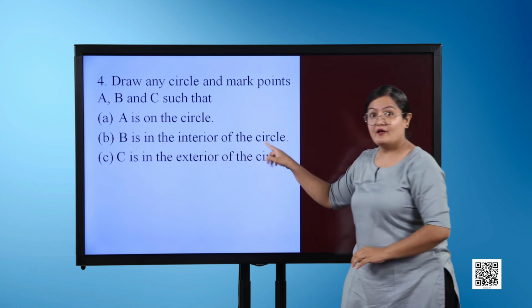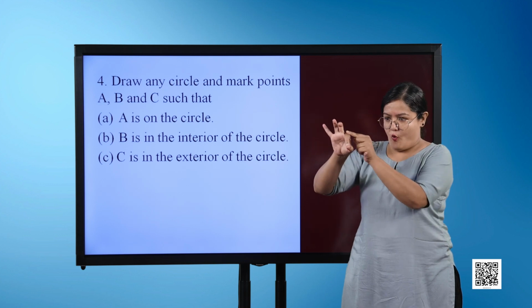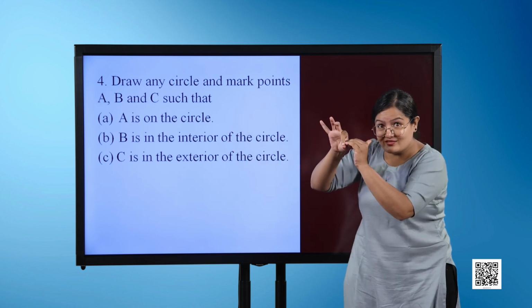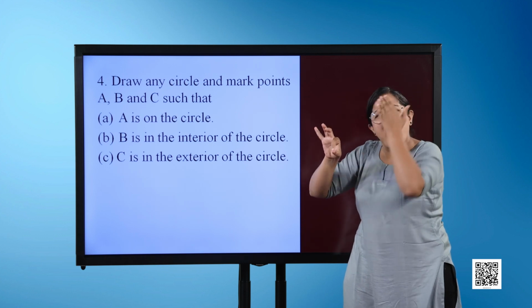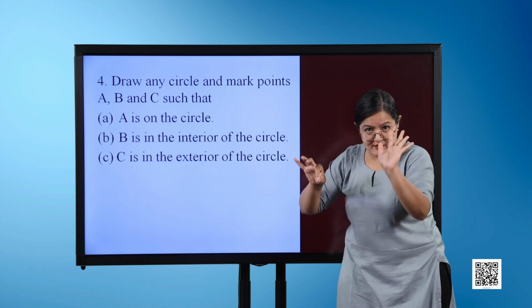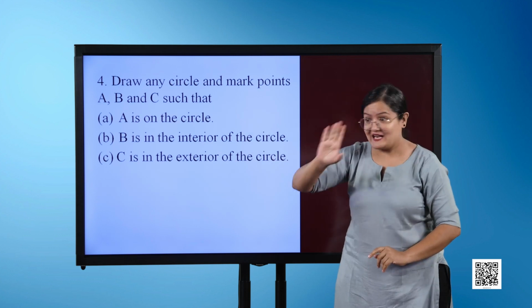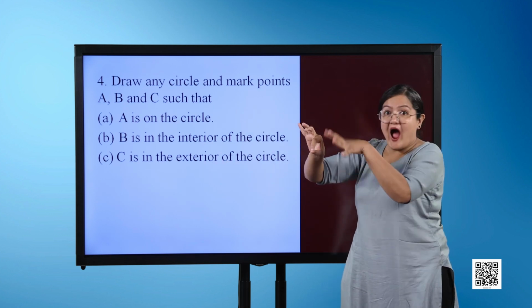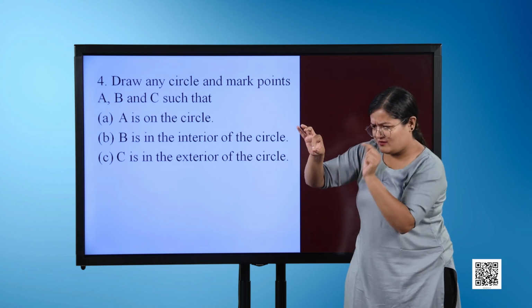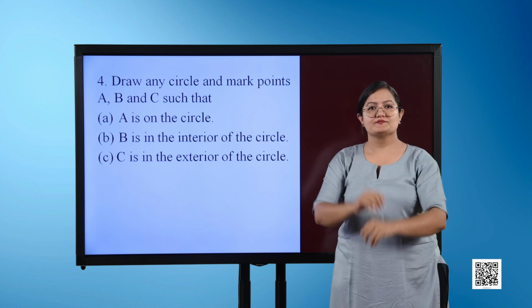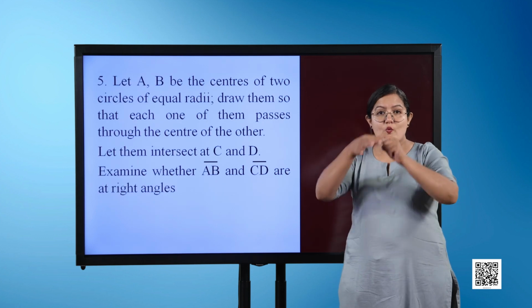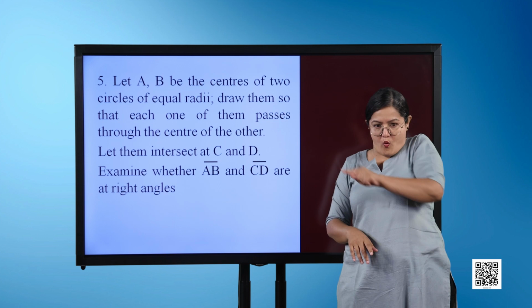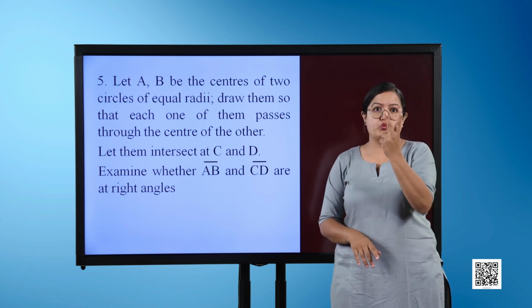B is in the interior of the circle. C is in the exterior of the circle. 5. Let A, B be the centers of two circles of equal radii.